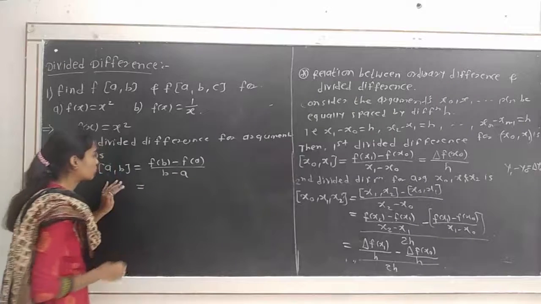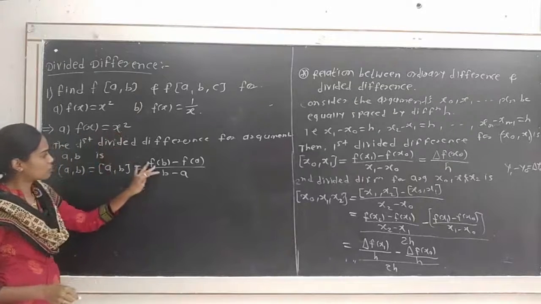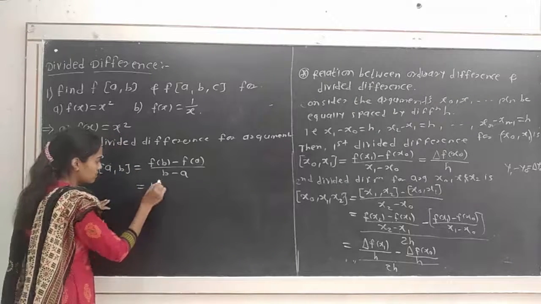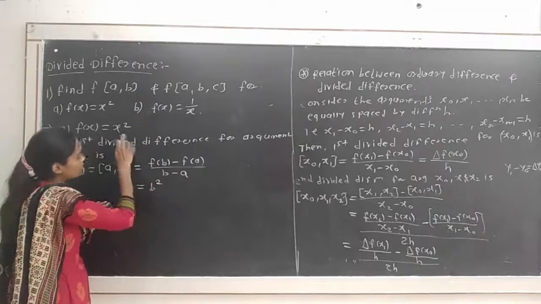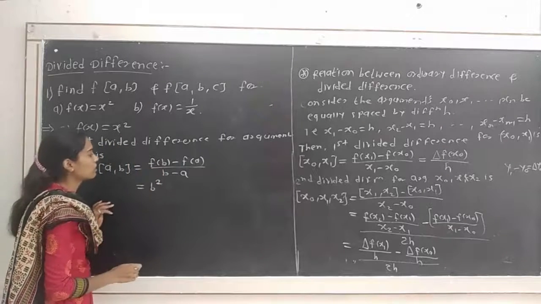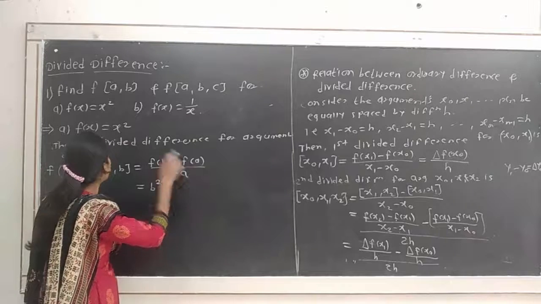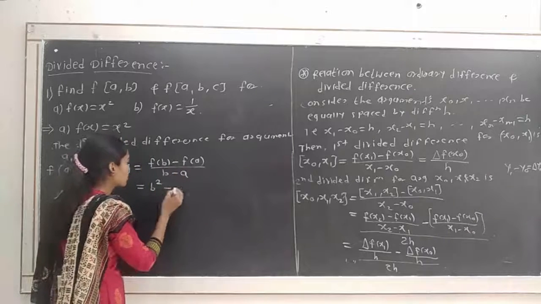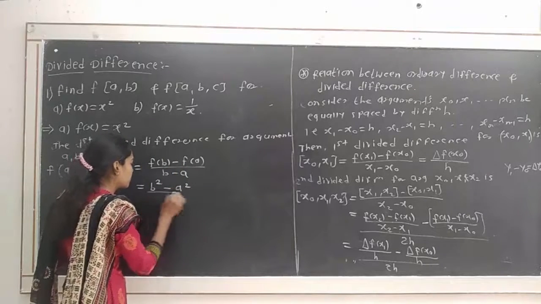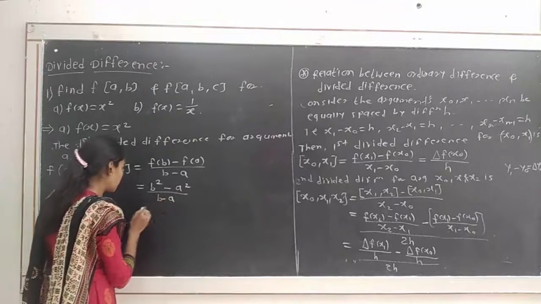Here f of x is x square, so f of b is b square, we only replace x by b. Similarly f of a is a square, divided by b minus a.